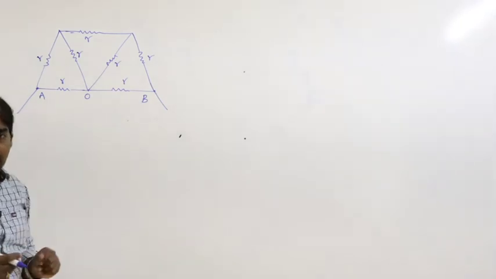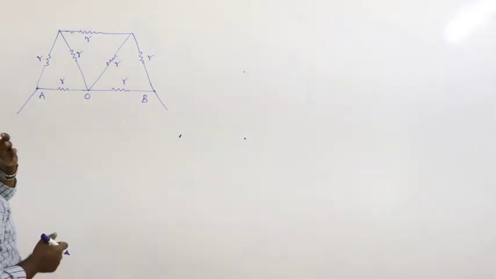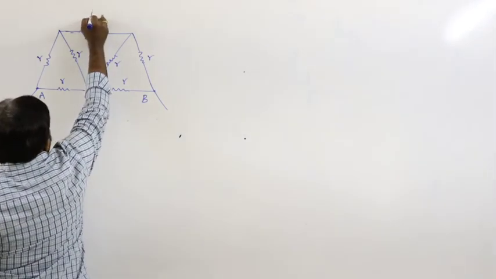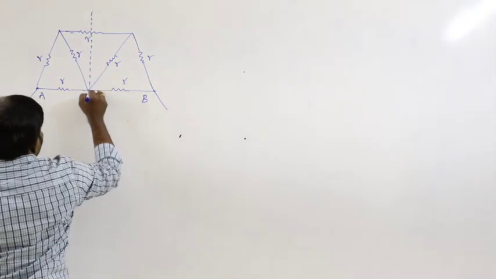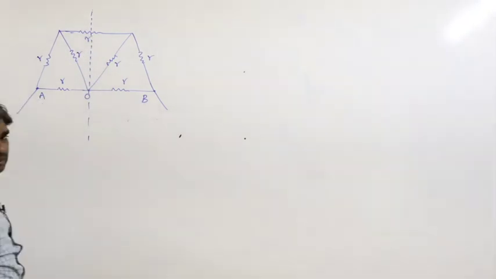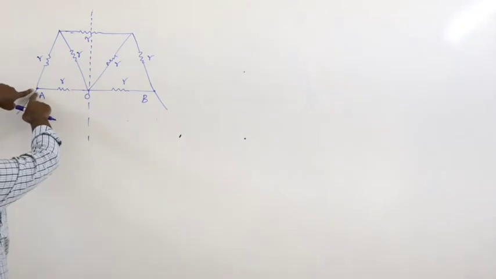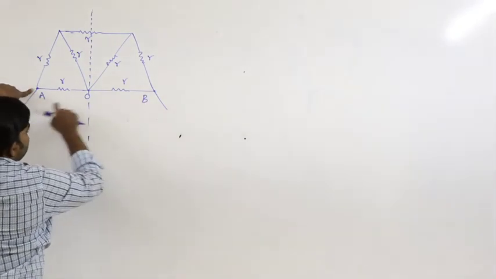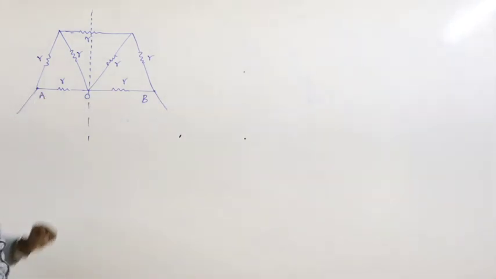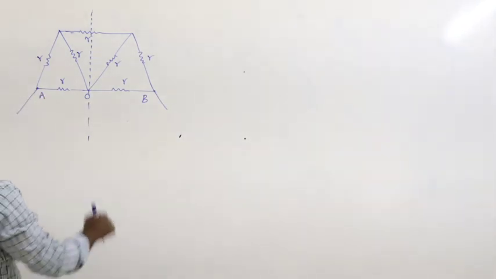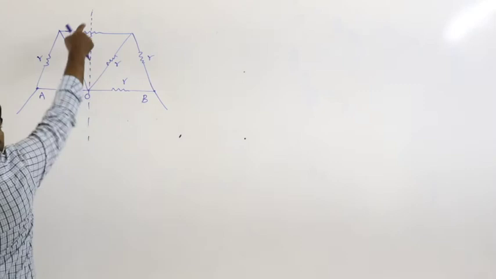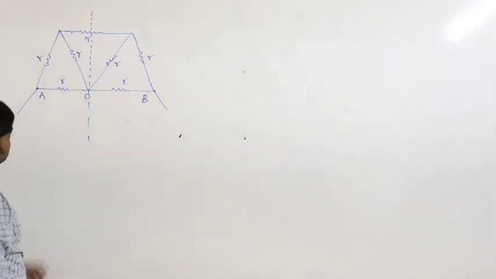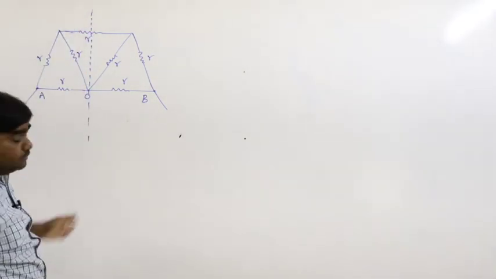We must apply mirror symmetry. This line is perpendicular to the line joining the effective resistance points. Here we have to calculate effective resistance between A and B. So we must consider the symmetry line perpendicular to this line joining.